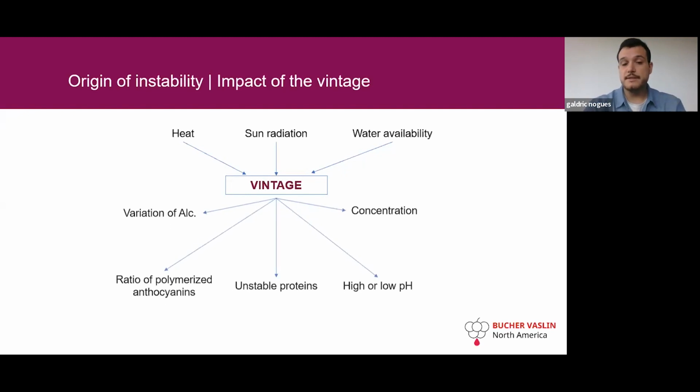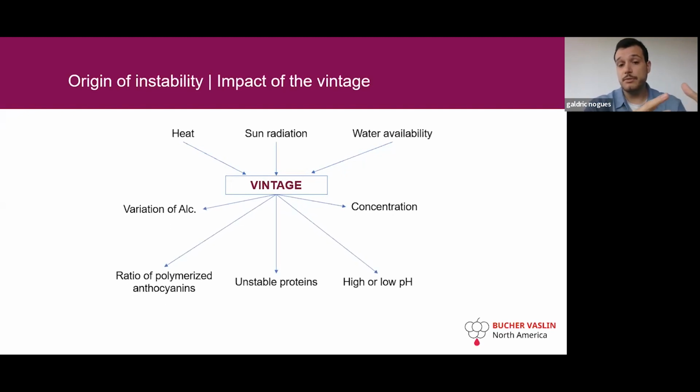And the vintage itself will then influence the maturity of the grapes, the quality of the wine, and finally, the colloidal stability of the wine. For example, this colloidal stability is going to depend on the variation of alcohol content. The more alcohol you have, the more you will have a certain shape of colloidal stability. The concentration, the difference of pH as well, is a major factor in instability.